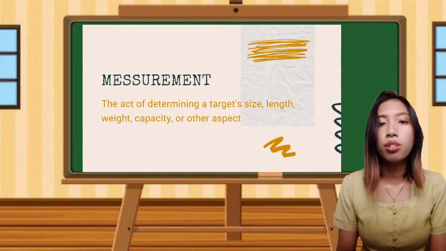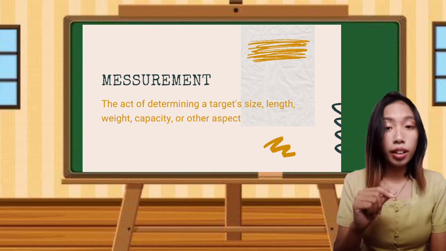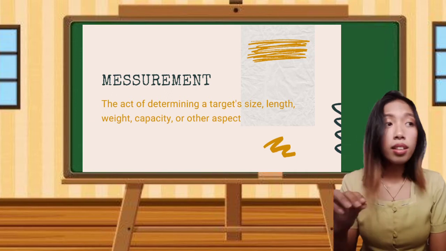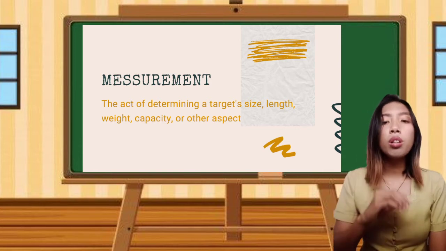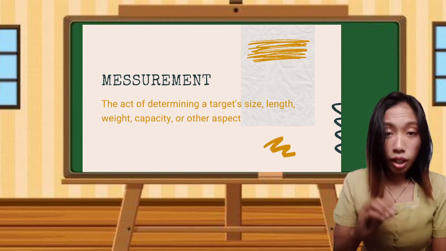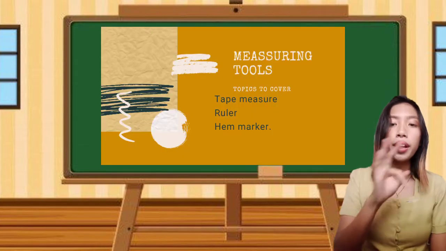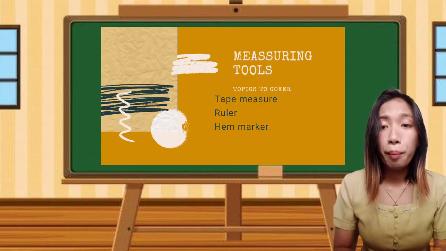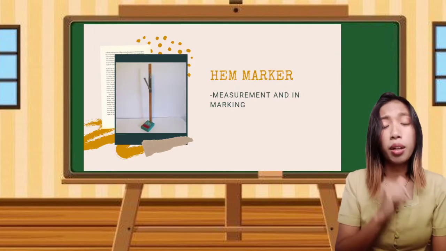When we say measurement, it is the act of determining the size, length, capacity, and other aspects. Which among those tools are used to take a measurement? We have a tape measure, ruler, and hem marker. When do we use a hem marker? In measurement and in marking.